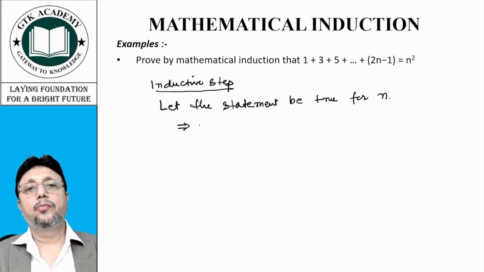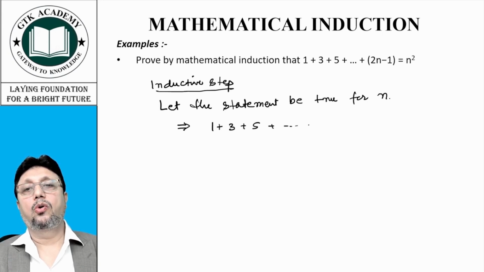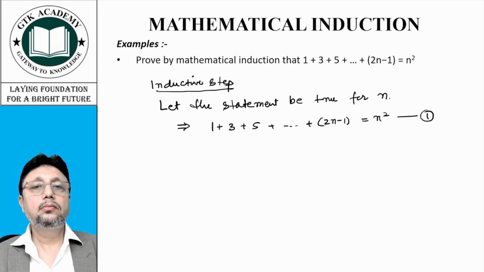That means 1 plus 3 plus 5 and so on plus 2n minus 1 is equal to n squared. This is your first equation.